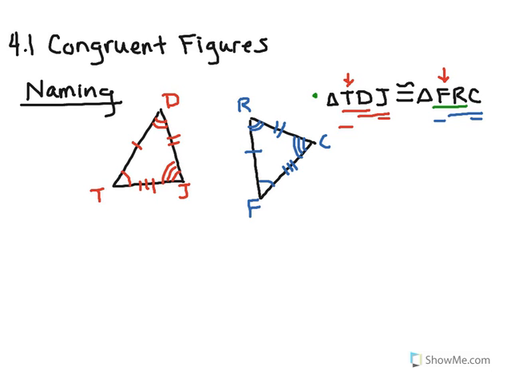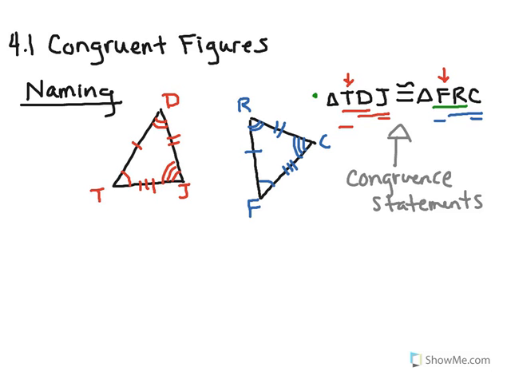So everything in a congruent statement, that's what this is right here. This is a congruent statement. It should tell you all the sides that are congruent as well as the angles. So what I would say then is I would list out all the parts that are congruent.